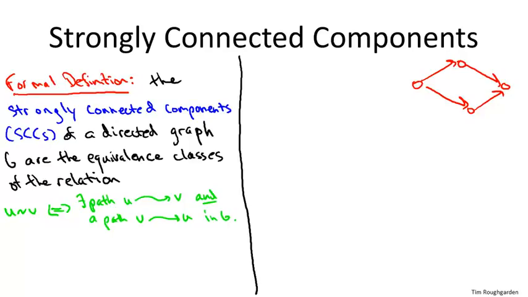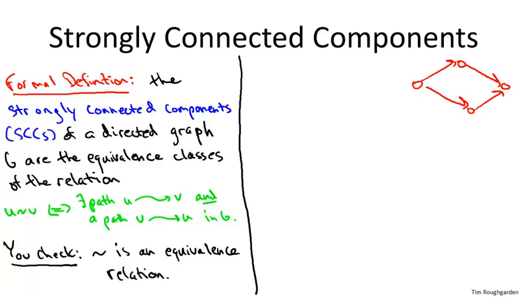It's reflexive, that is, everybody's related to itself, but of course there is a path from every node to itself. It also means that it's symmetric, so if U is related to V, then V is related to U. Well, again, by definition, we're saying that the vertices are mutually reachable from each other, so that's clearly symmetric by definition. And then it has to be transitive, and the way you prove it's transitive is you just paste paths together, and it just works the way you'd expect it to.